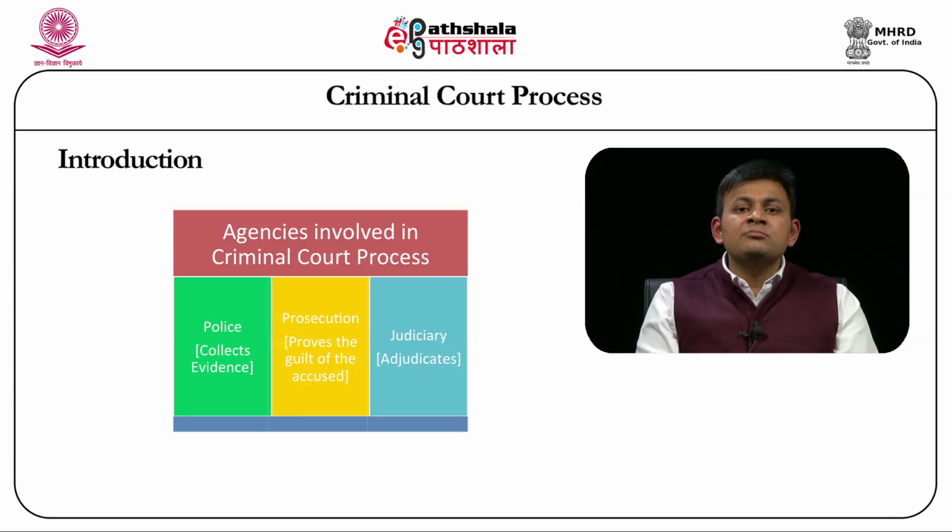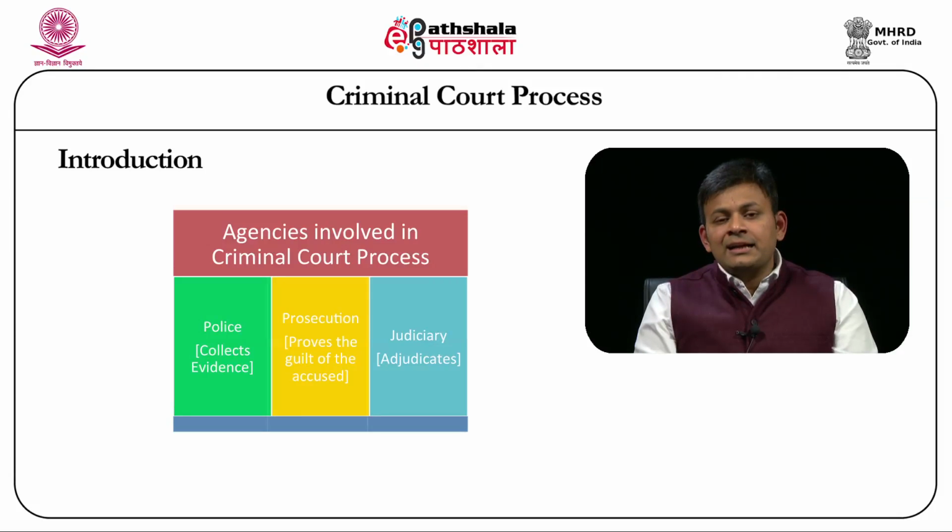There are three important attributes of the adversarial criminal justice system. Number one, the accused is presumed innocent unless proven guilty. Secondly, the burden of proving the guilt of the accused person lies on the prosecution, and this burden never shifts. Thirdly, and most importantly, in the adversarial criminal justice system, the judge sits as a neutral umpire.